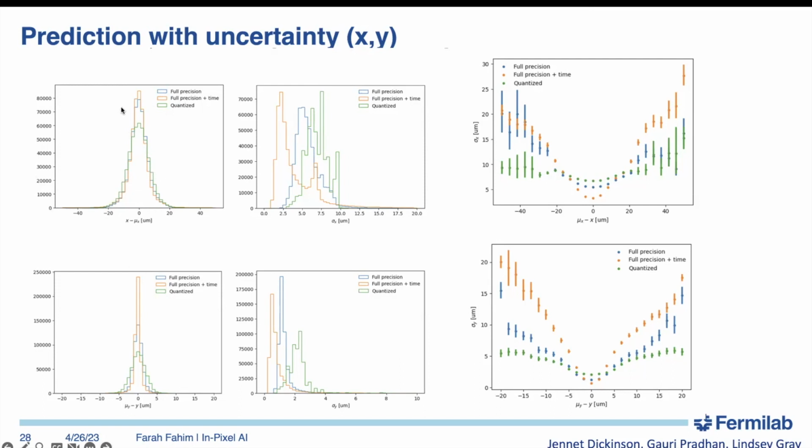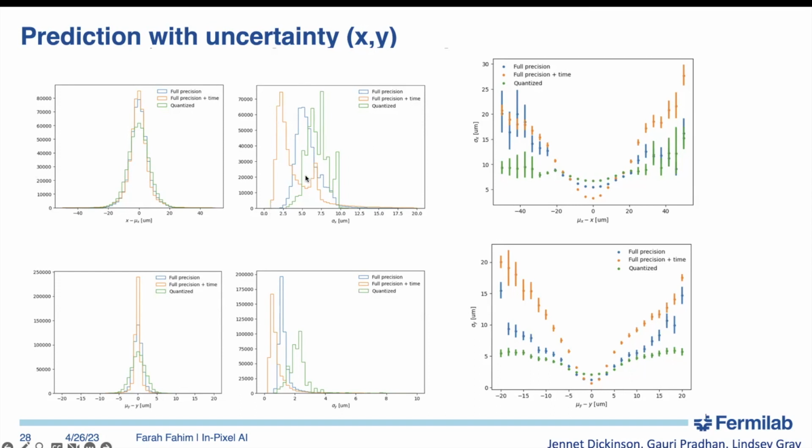You don't see it so much here, but you can see it in this plot where you're looking at the variance, and the full precision with time gives you the best performance. You can also see the 2 peaks associated with it.